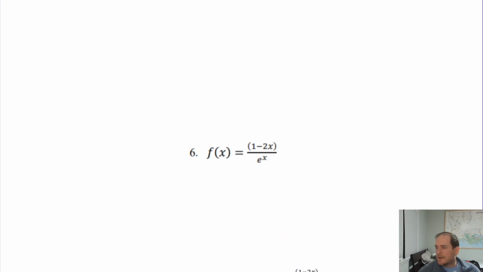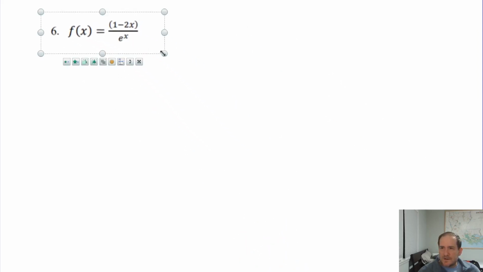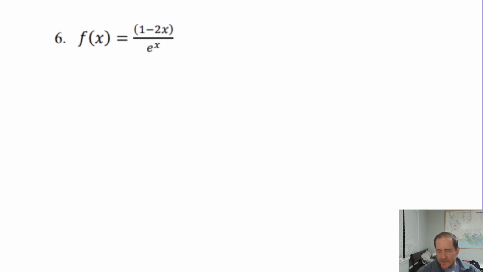Alright, so for 6, again, I wonder if it's better. What's stopping me from just grabbing that guy, pulling him up into the numerator, and making his exponent negative? That's what we've been doing, right? So if you do that, could you then approach this problem like it was a product rule problem?